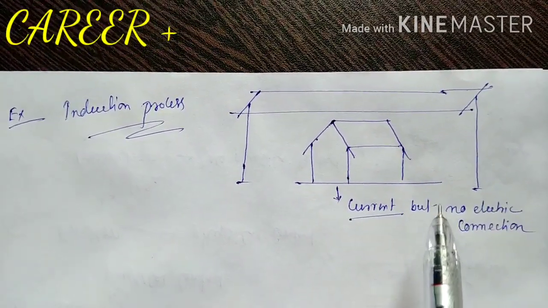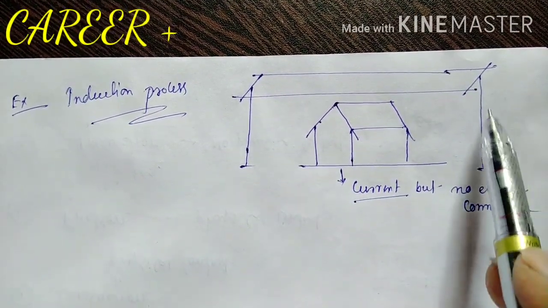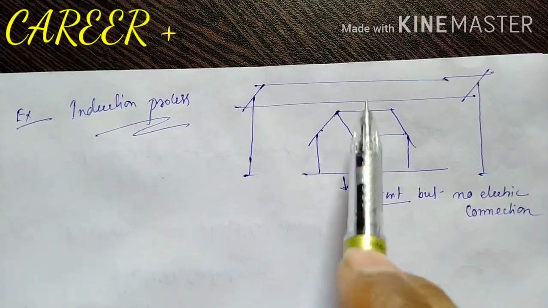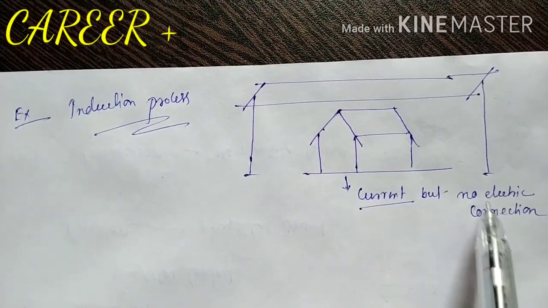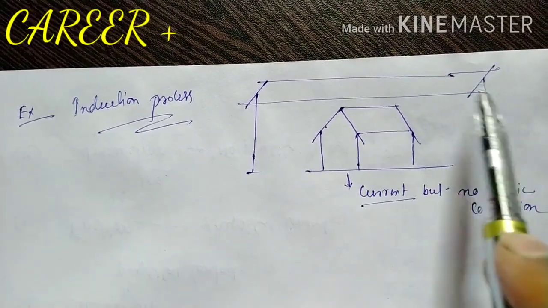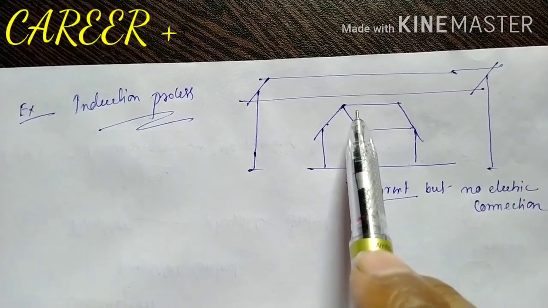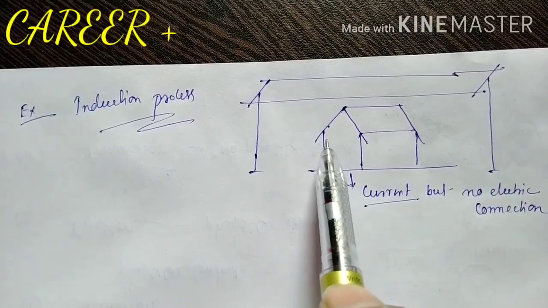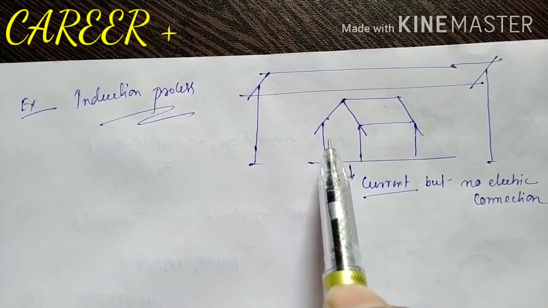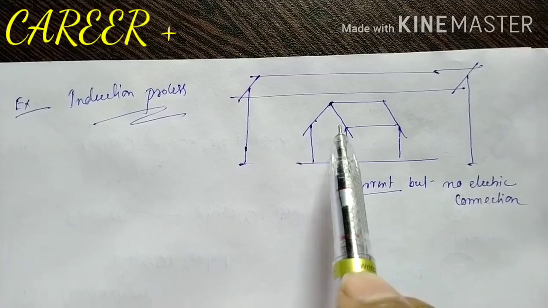But at the same time, it was mentioned that above the house, high power electric lines were carrying current. So this is the process of induction. We can explain it with the help of that. Though there is no electric connection, due to the process of induction from these high power electric wires, maybe the roof or some electrically conducting material of the house gets charged, and when we touch these parts or roofs, then we get a mild shock.